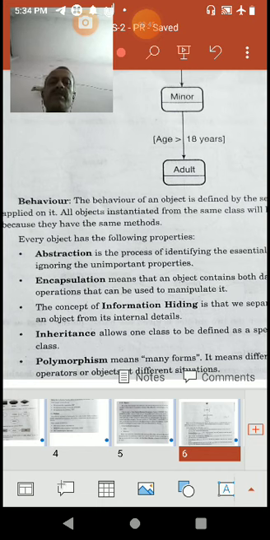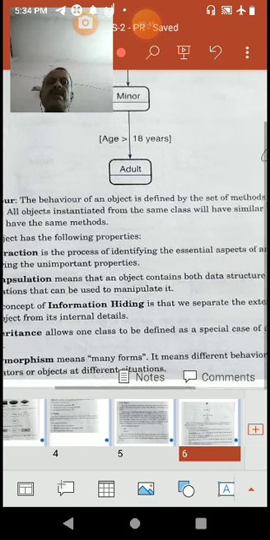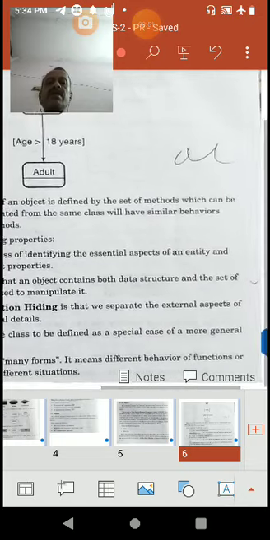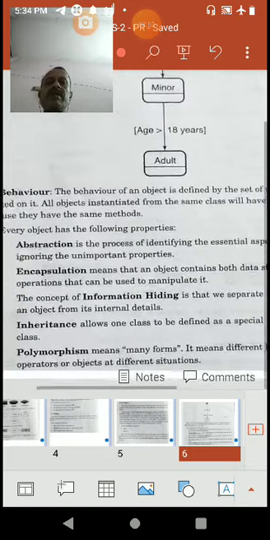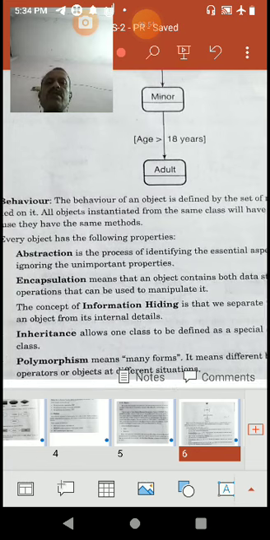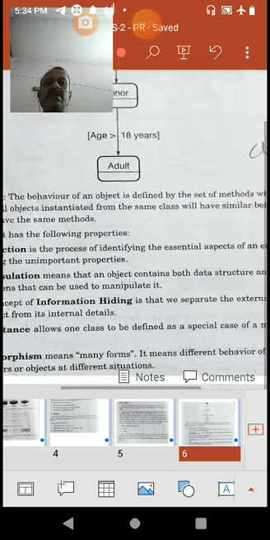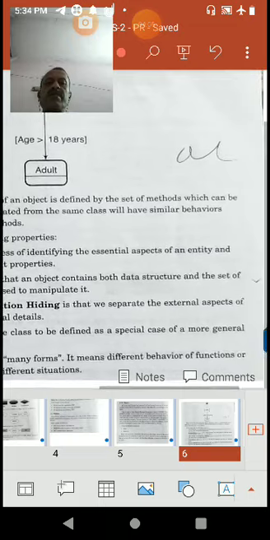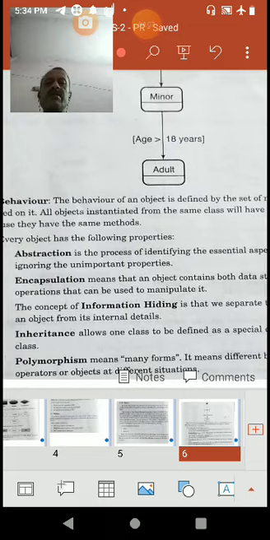First, abstraction is the process of identifying the essential aspects of an entity and ignoring the unimportant properties. Number two, encapsulation means that an object contains both the data structure and the set of operations that can be used to manipulate it.